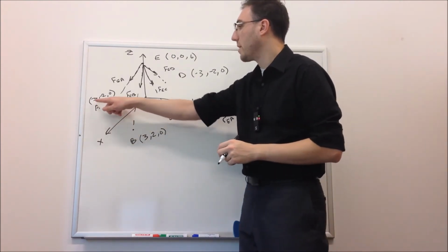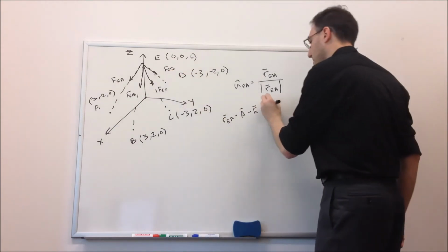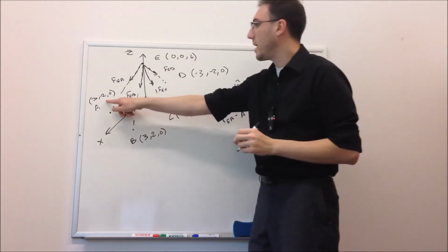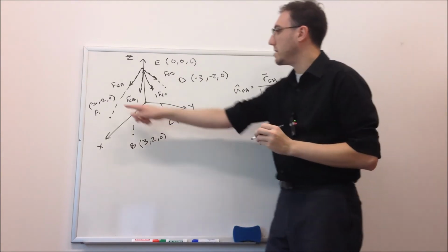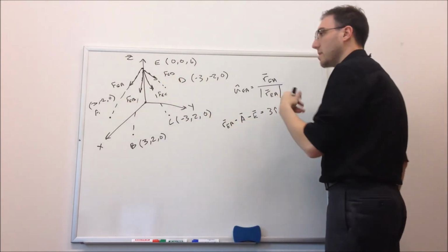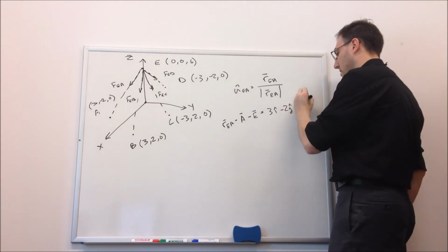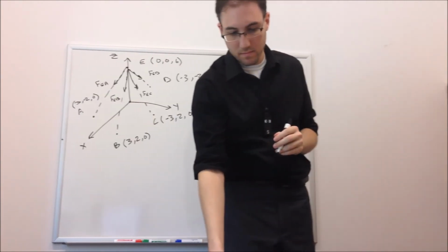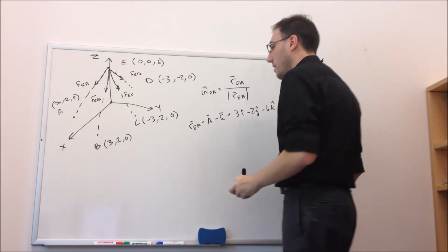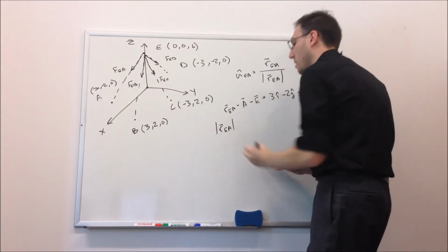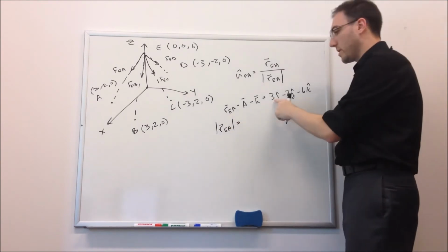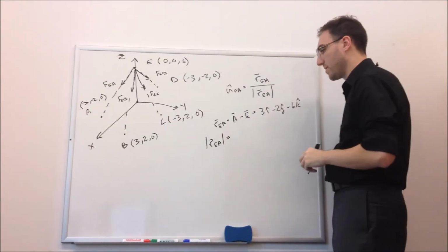So that's going to be 3 minus 0 is 3i. Negative 2 minus 0 is negative 2j. And 0 minus 6 is minus 6k. Now we can find the magnitude of R EA, which is just the square root of the sum of the squares of these terms.